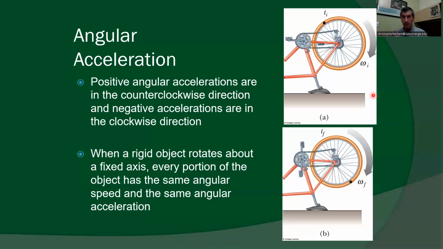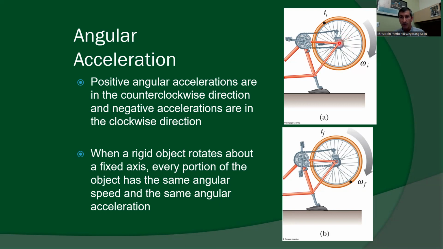And again, we can think of a bicycle wheel as being an example of having positive and negative angular velocity as it's rotating. If it's rotating faster, both vectors will be in the same direction.